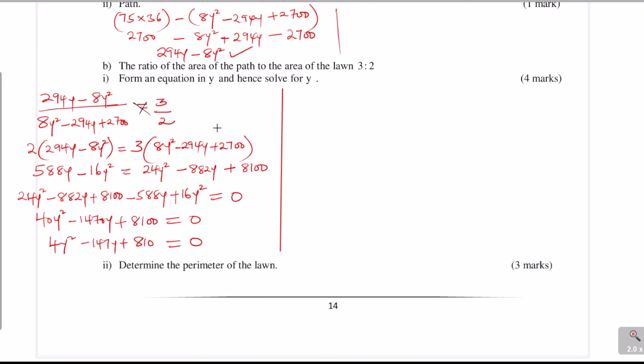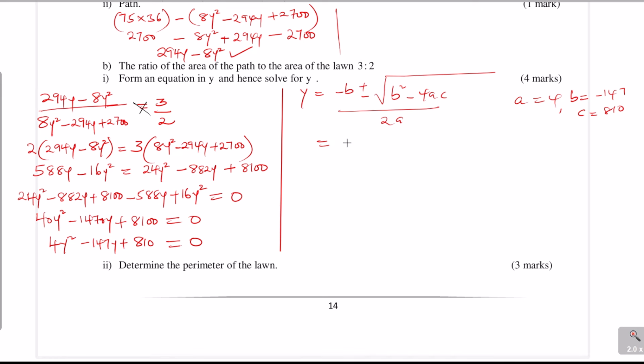Now from there, the next thing that you're supposed to do is simply use the quadratic formula. Remember the quadratic formula, this is the easiest that you can use here. So negative b plus or minus the square root of b squared minus 4ac, divided by 2a. So a in this case will be 4, then b will be negative 147 and c will be 810.